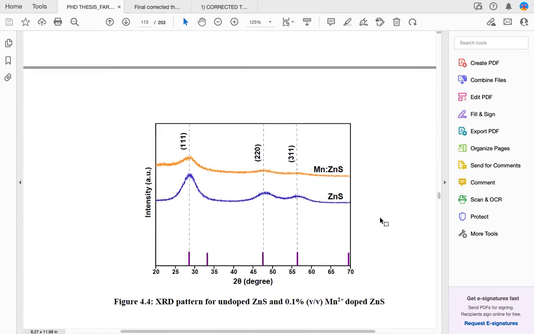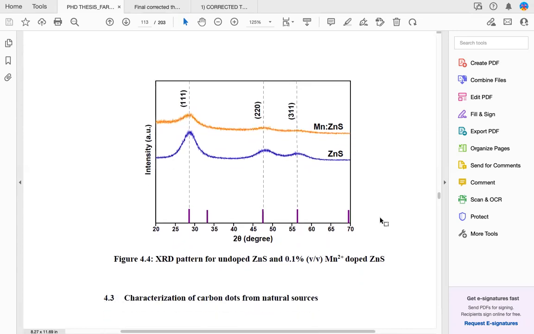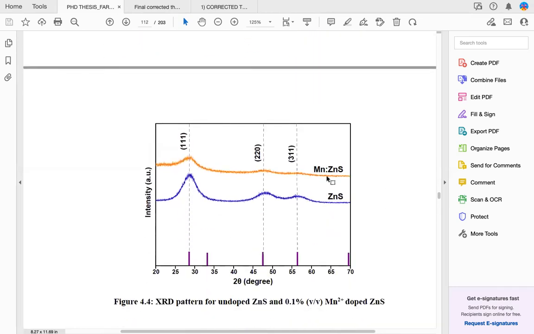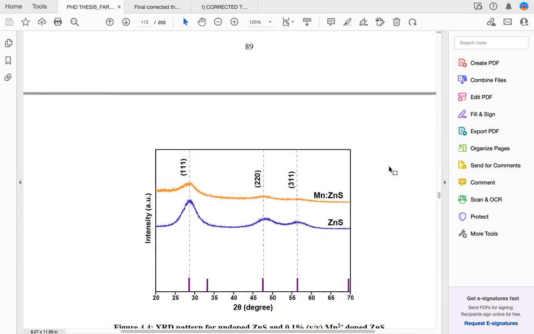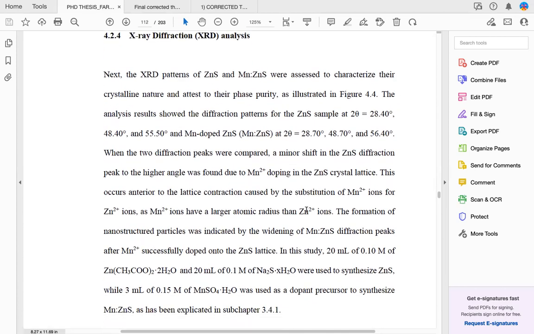I'm not good in XRD, but this is a very important characterization, and it must be evidenced from the peaks. So the peaks are compared with the standard angle. As I mentioned, I'm not good in XRD.